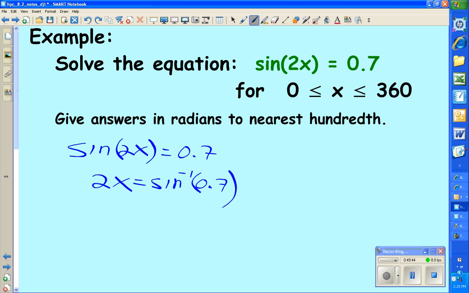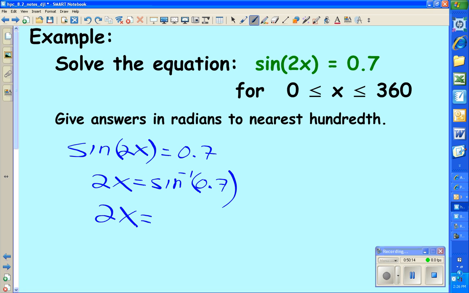See if you can figure out what sine inverse of 0.7 is. Some people may have memorized it, but I personally am going to need to use a calculator. And make sure you're in degrees. Okay? 4.47. How much? 444.47?